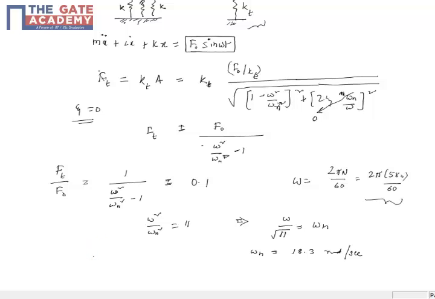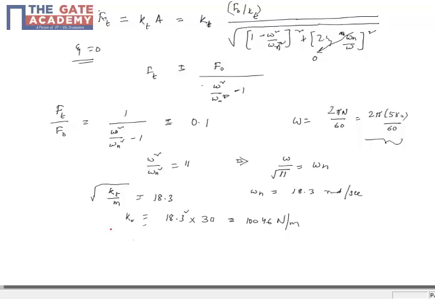Once I get the natural frequency, because I am modeling it as a simple spring-mass system, omega n is root over kt by m, where kt is the effective stiffness. So kt will be 18.3 whole square into the mass, 30 kg. When I multiply, I get a value of kt as 10046 Newton per meter.